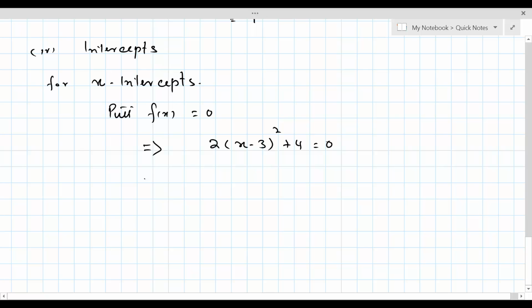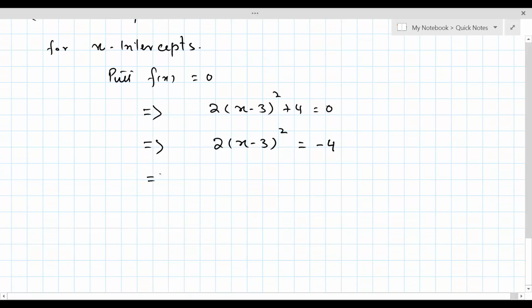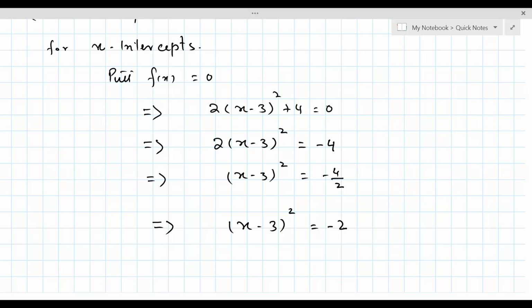So if this is equal to 0, then 2 times x minus 3 square is equal to minus 4, which means x minus 3 whole square is equal to minus 4 over 2, which means x minus 3 whole square is equal to minus 2, which is impossible because the square of every real number is always positive.